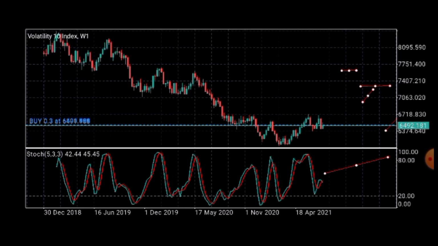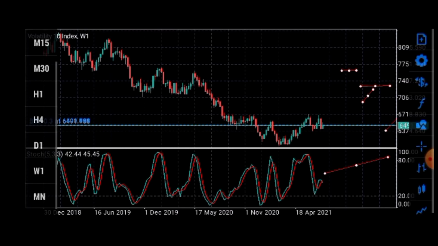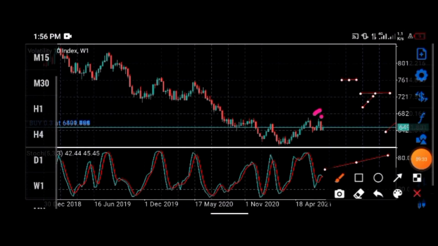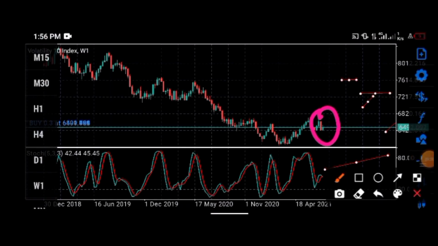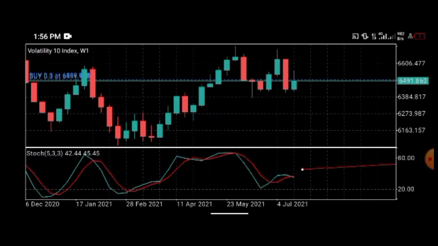So here we are. Now you can look at the nature of the chart. Although there was a bearish engulfing at the end of it, like right here, another bullish candle is about to occur, in its candle pattern formation.